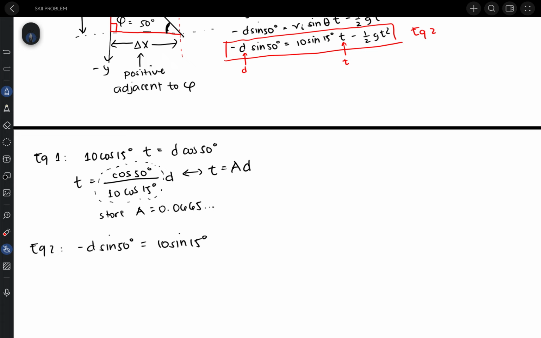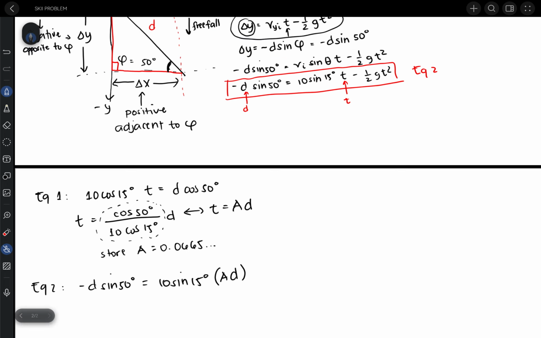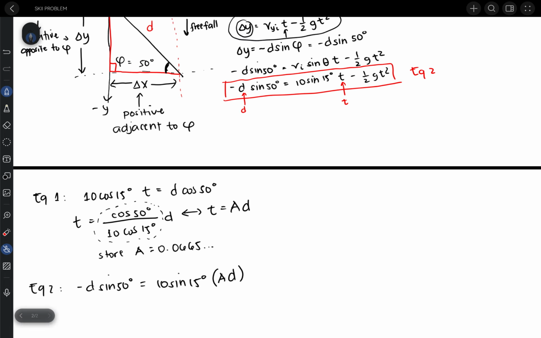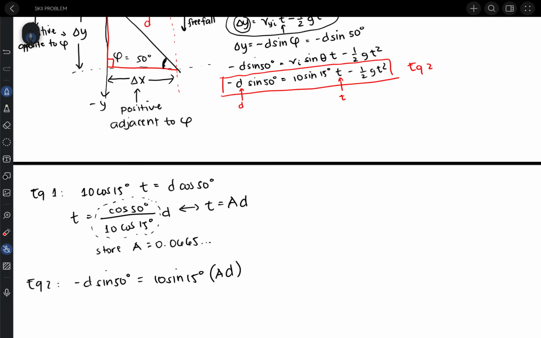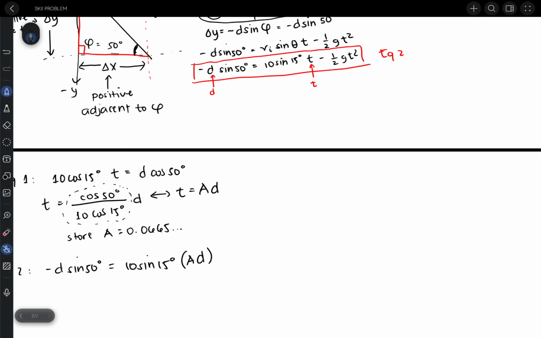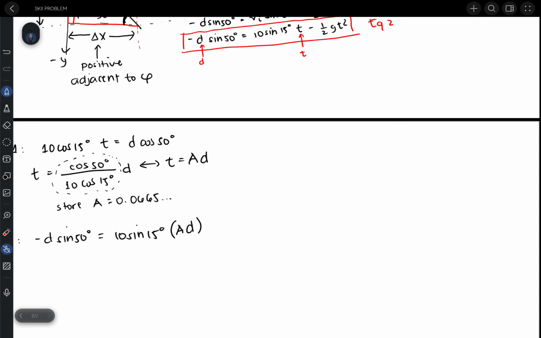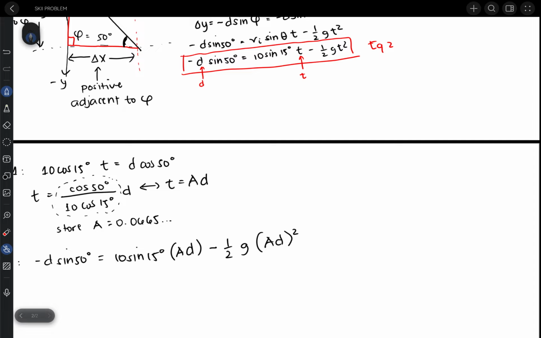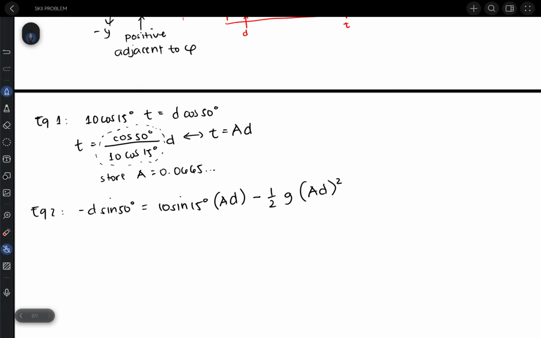And now we'll have times a d. So we just substituted the value of t from equation 1 in the second equation, and we'll have minus 1 half g times a d squared, that is t squared, so we'll have a d quantity squared.